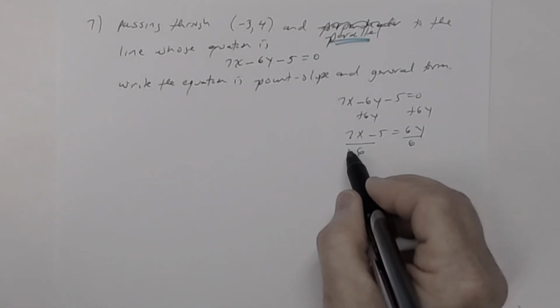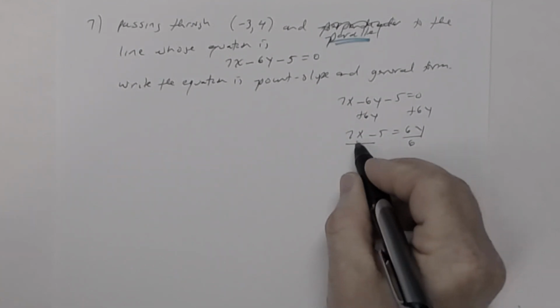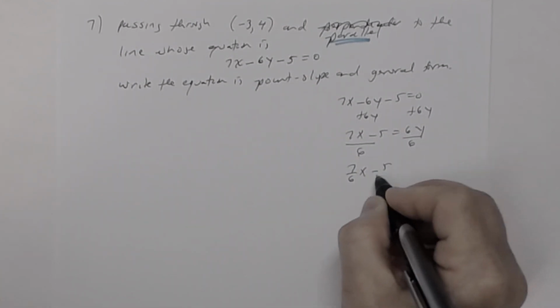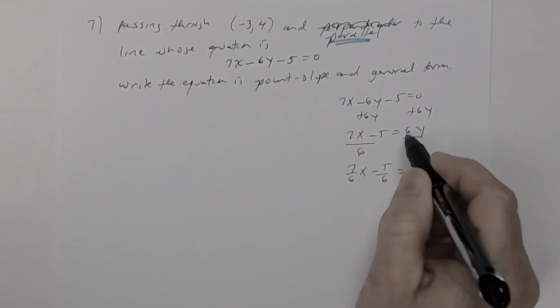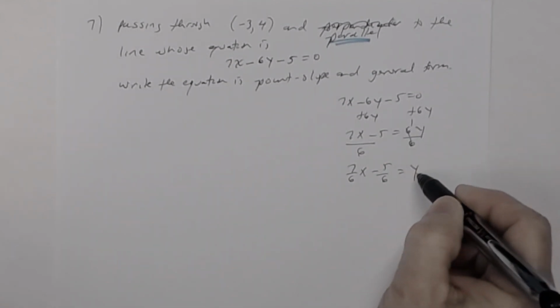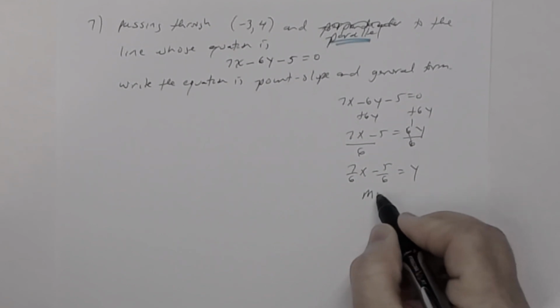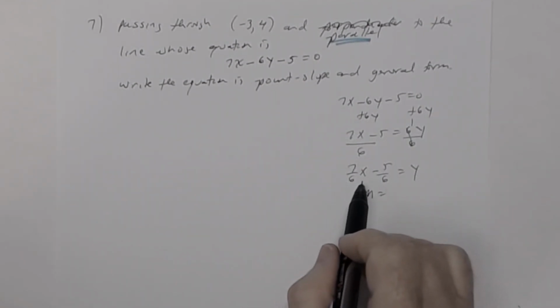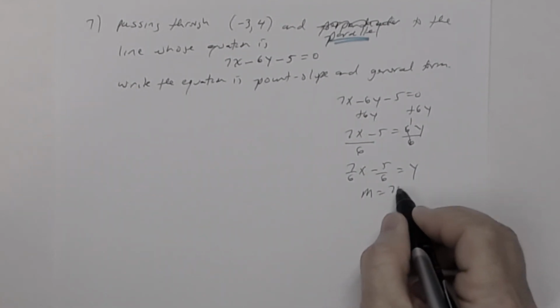But make sure you write this as fractions. So this is 7/6 x minus 5/6 equals y, because 6 divided by 6 is 1, 1 times y is y. So therefore, the slope of this line right here is the coefficient of x, because this is now in slope-intercept form, which is 7/6.